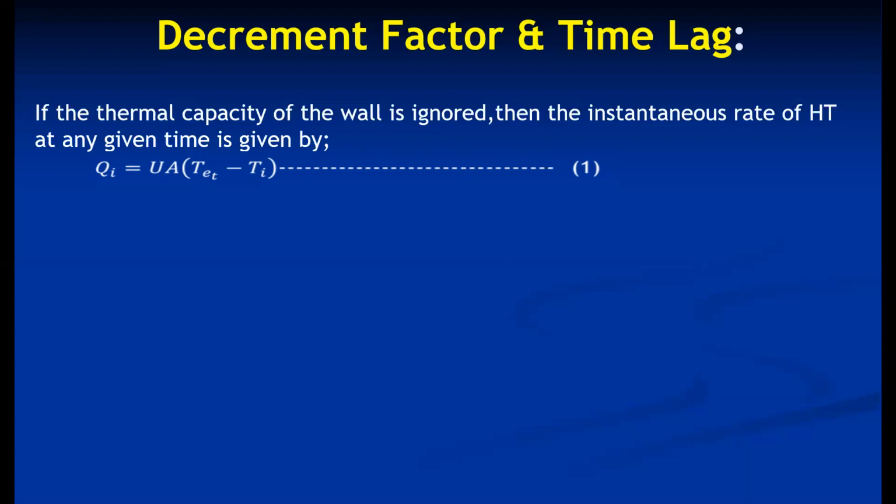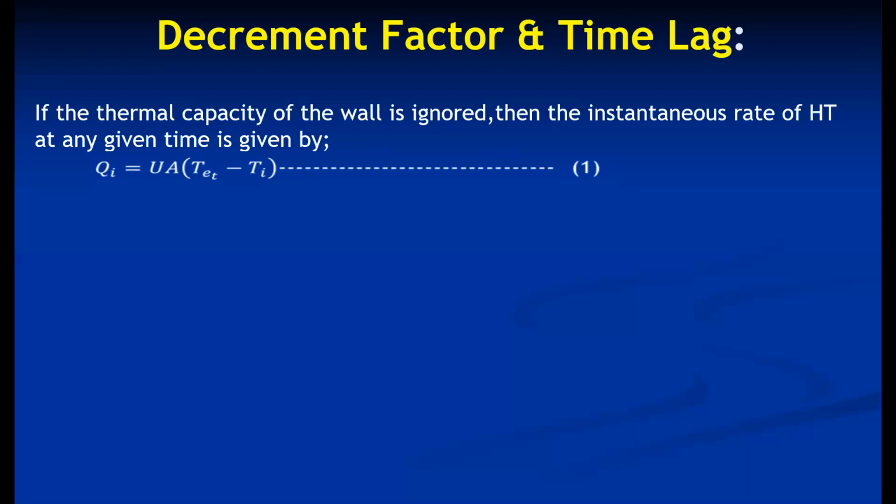So convection, conduction, and convection are the three modes involved in transferring heat, and all three are associated with U. The U factor takes into account all three modes with the help of the coefficients: the conductive resistance and two convective resistances.